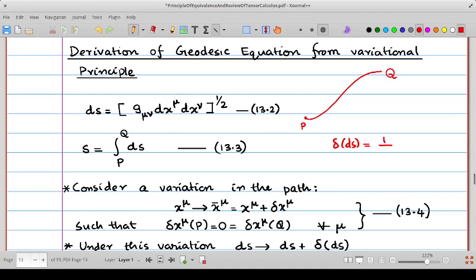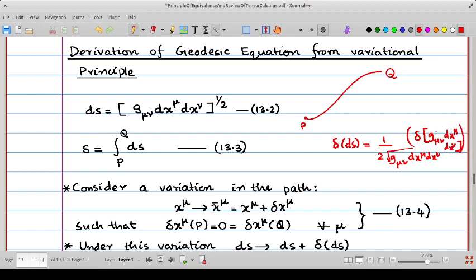So that will be 1 by 2 square root of g mu nu dx mu dx nu. Then the variation in this quantity, the quantity within the square brackets, delta of the whole thing, g mu nu dx mu times dx nu.